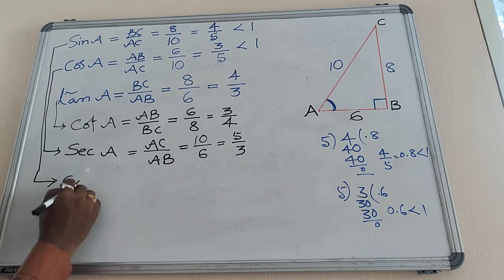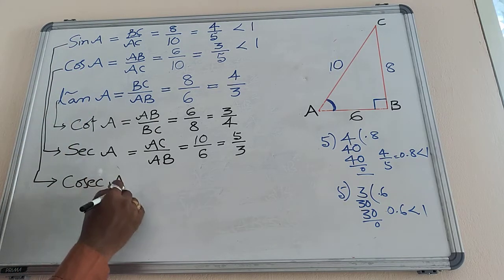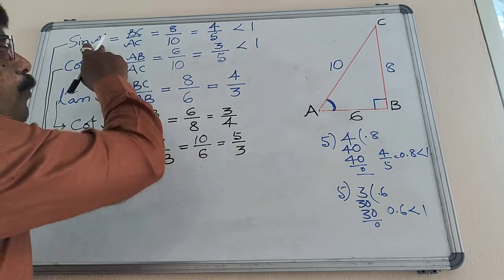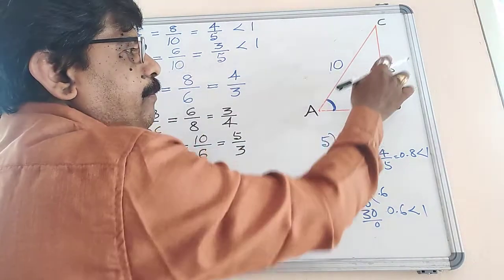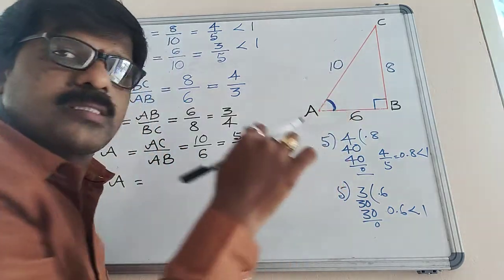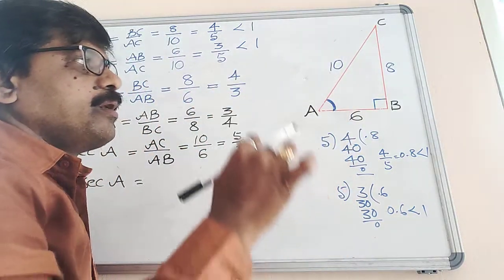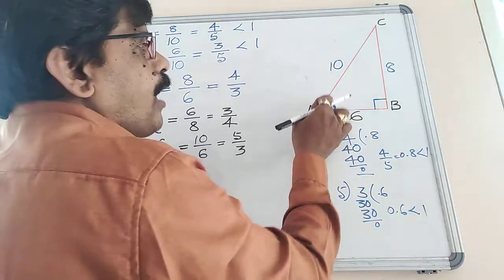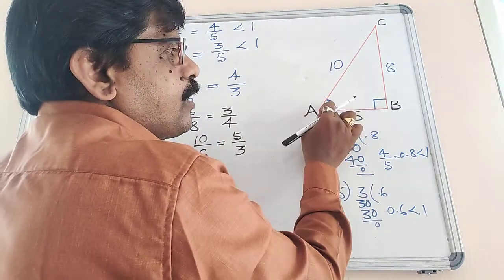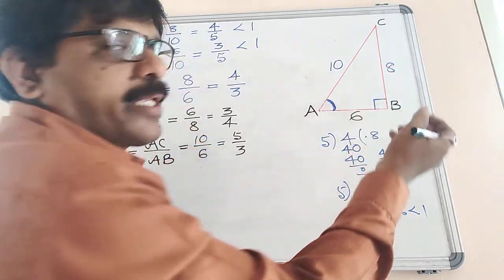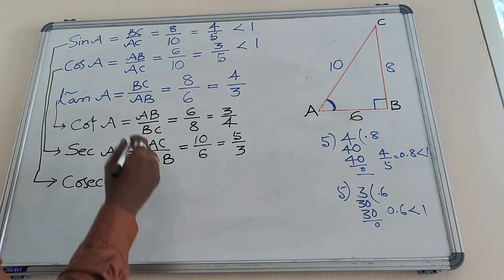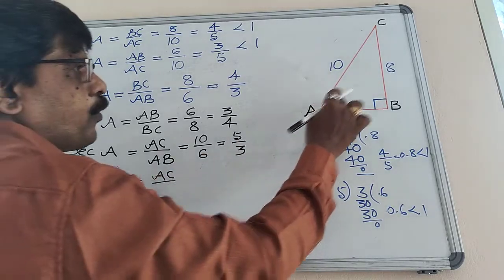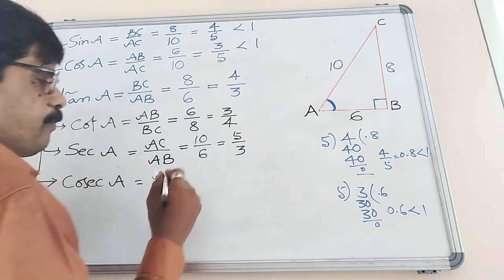Now the reciprocal of sine, so cosecant A. Now sin A means opposite side to A by hypotenuse. That is sin. Now cosecant means hypotenuse by opposite side to A. Clear? We can write hypotenuse is AC by opposite side to A, BC.